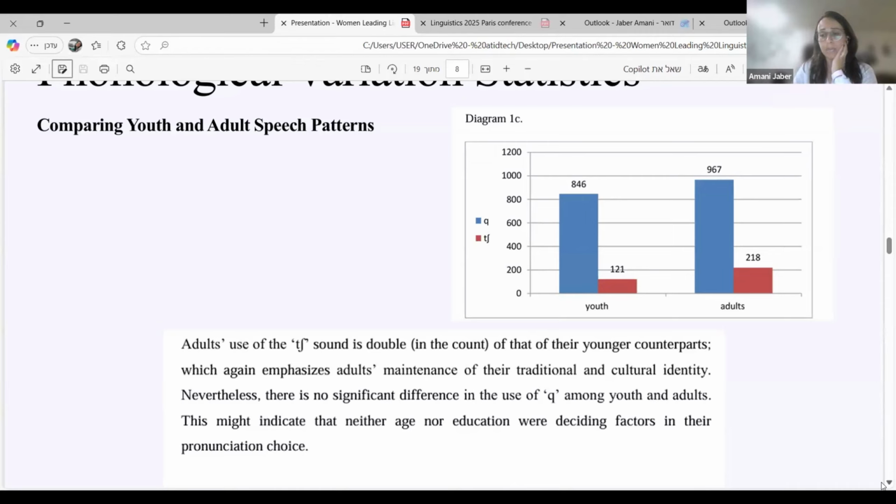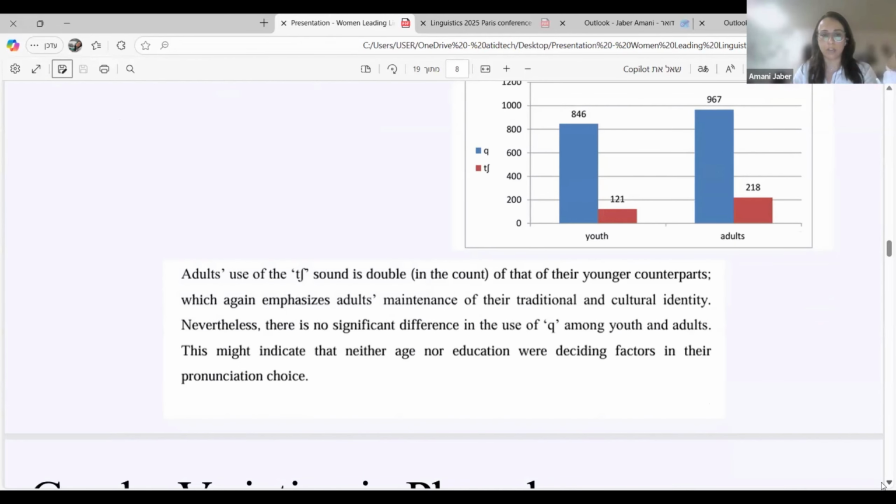This was mainly to show how they are modernized, educated, and so on. So this is in terms of their pronunciation.